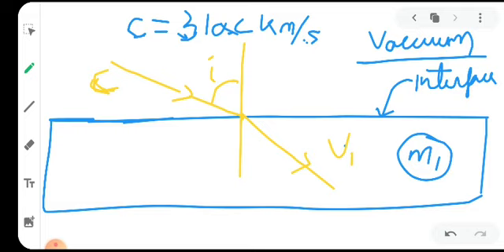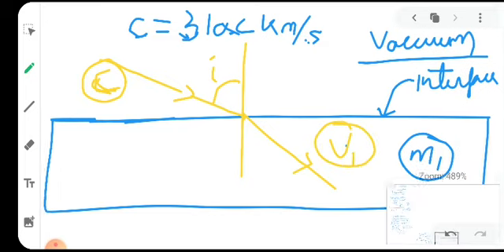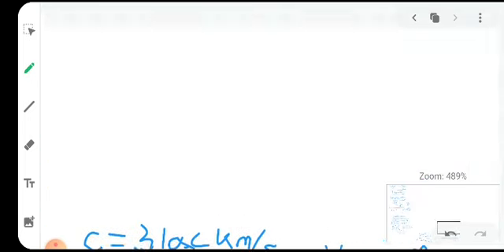Now we can use these two velocities to define refractive index. So refractive index is nothing but the ratio of velocities. So it goes like this. You have the refractive index of medium 1 with respect to vacuum.